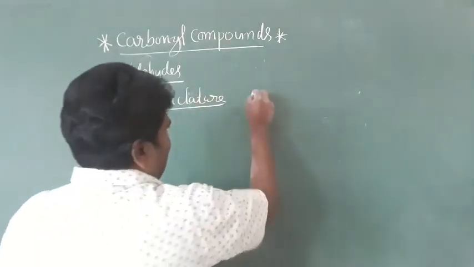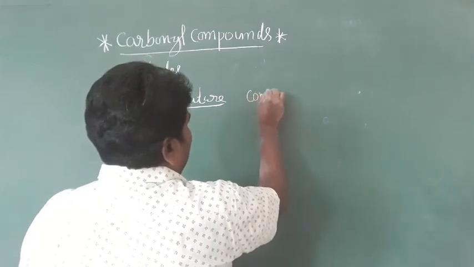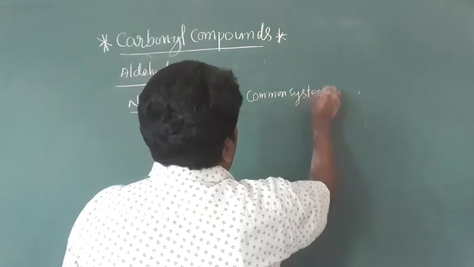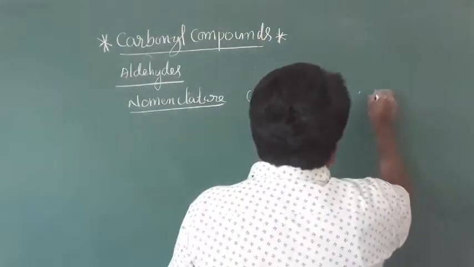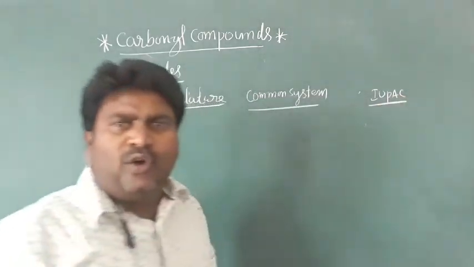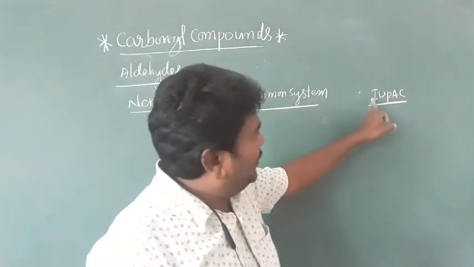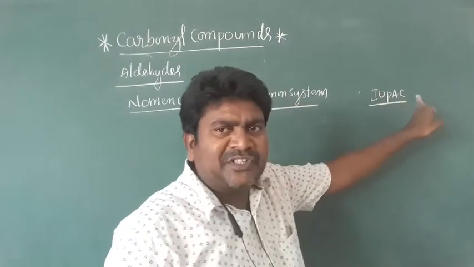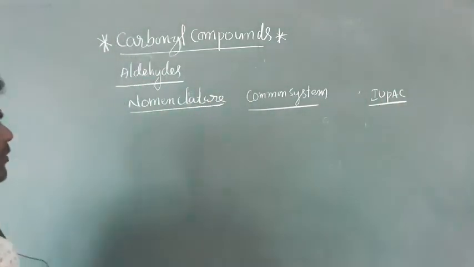One is the common system and the other is the IUPAC system. I think you know IUPAC. What is the meaning of IUPAC? International Union of Pure and Applied Chemistry. This is very important.